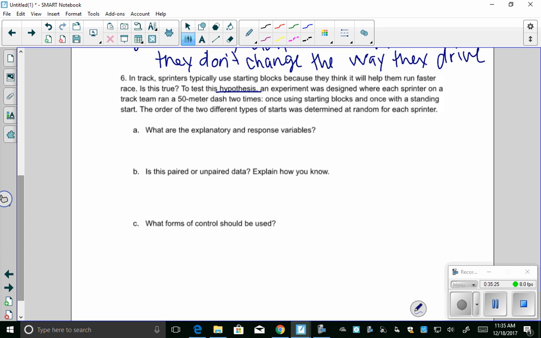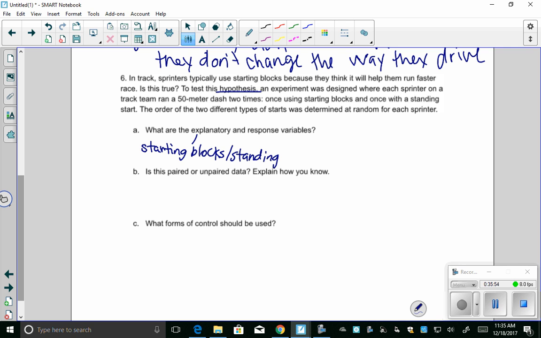Hush. Number 6A. What are the explanatory variables? What are you changing with this experiment? Depends on how much longer we have.